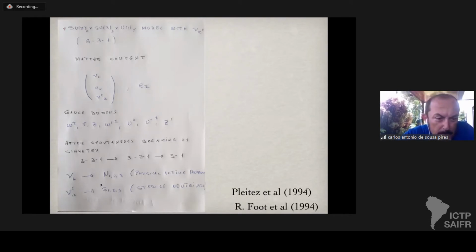But from now on, I refer to the physical sterile neutrinos as S1, S2, and S3. Okay, this model was proposed in 1994 by Pleitez and collaborators, and by Robert Foot and collaborators.